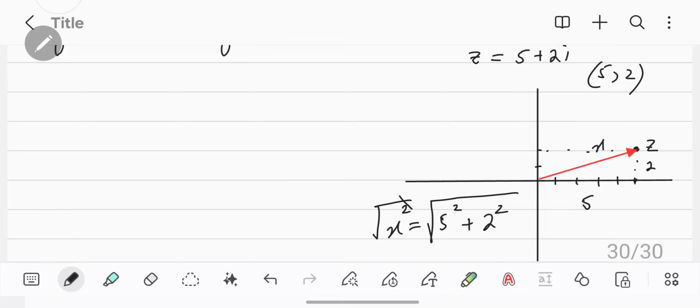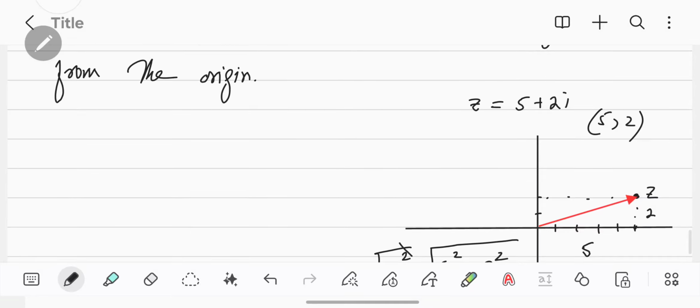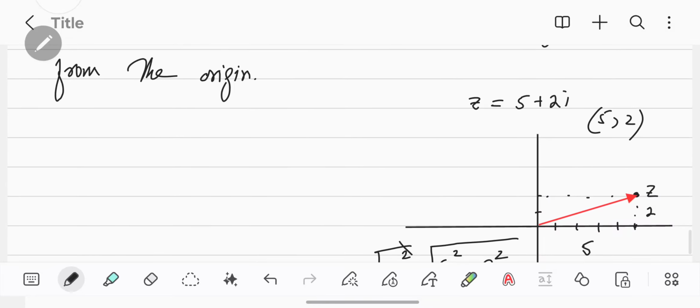Okay, so this is the distance. So what's the modulus? Modulus is the distance from the origin. So if you have any complex number, how will you find the distance? I will give you the general formula. Here is the general formula.